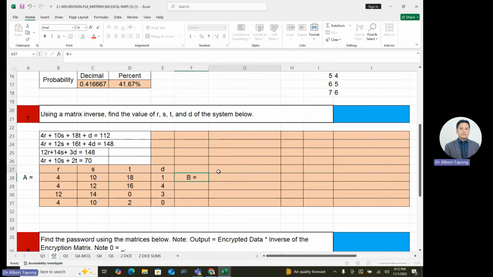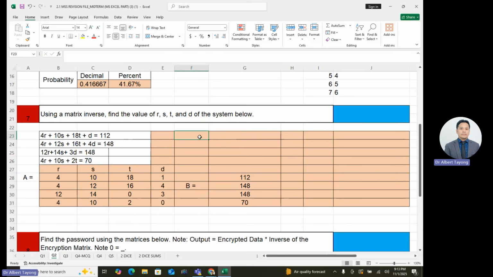After the equal signs, we have 1, 1, 2, or we can put it here. Okay, here we have 1, 1, 2, for example, 148, 148, and we have 70. So be careful of the numbers 1, 1, 2, 148. 148 is repeated, and 70 is the last.